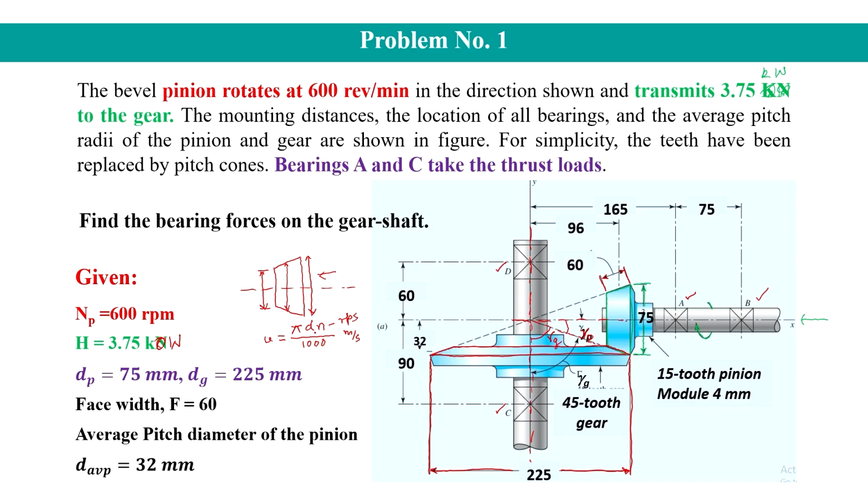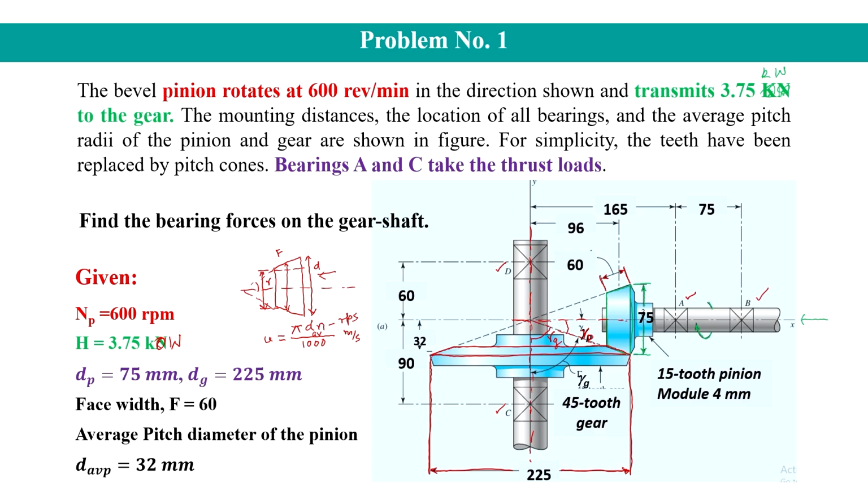So, this D will be actually D average, and we have to find the average of the pinion. So, if we know the face width and we know the pitch circle diameter of the bevel gear, which is D, and that is measured from the big end, then knowing this pitch cone angle gamma, this angle is gamma, we can find the average pitch diameter.